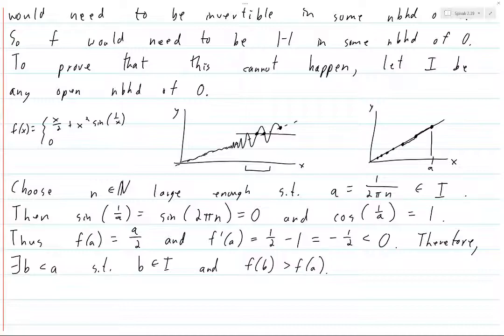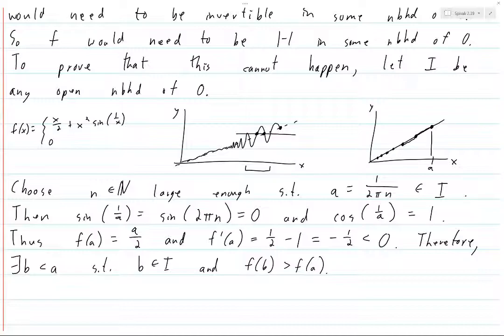And so, in particular, we absolutely need to be able to choose b to be in I, because A is a strictly positive number, so we can choose b to be strictly positive, which means that it's in I, because the interval I extends to the negative real line, at least a little bit.